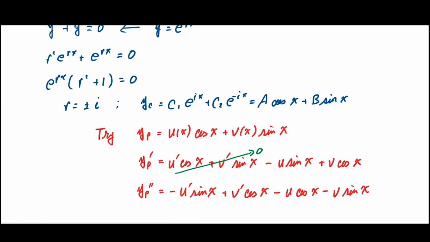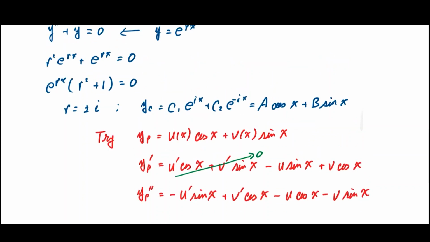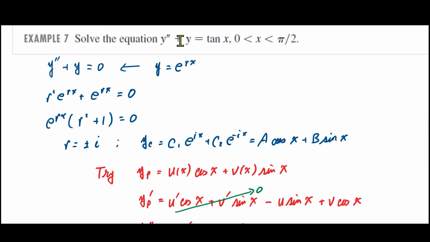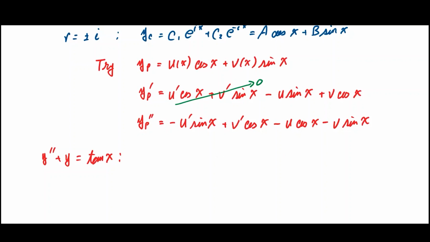Are you with me? Now we are going to substitute that into our original differential equation, which was this. y double prime plus y is equal to tangent x. Okay? So let's see what that is. So we have y double prime plus y is equal to tangent x. Okay, let's plug it in. Do I have enough? No, I just wrote it. So I have all of this, right? Oh, this is a computer.